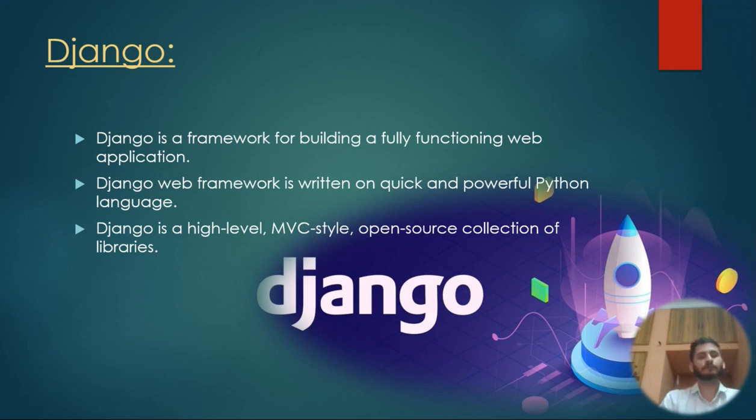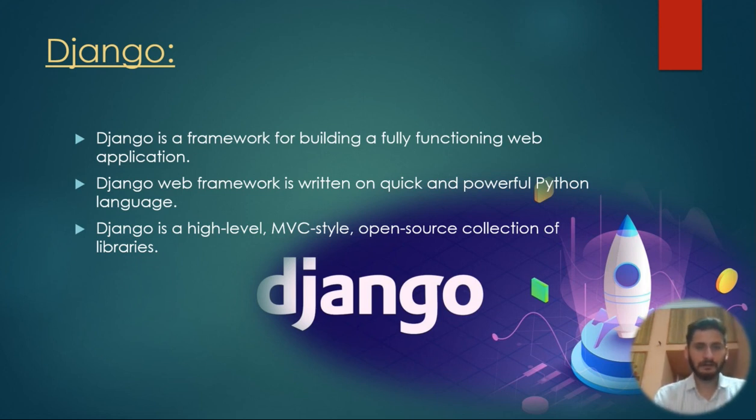Then moving to the next slide, which is Django. Django is a framework for building fully functioning web applications. The Django web framework is written in the quick and powerful Python language.